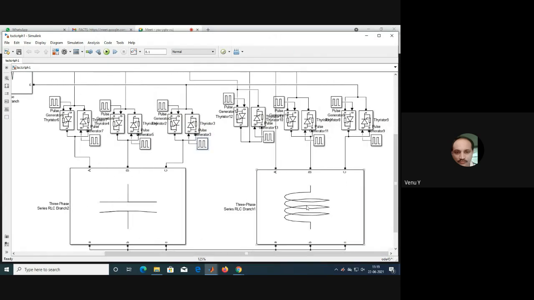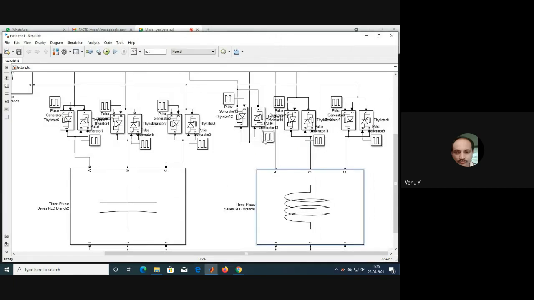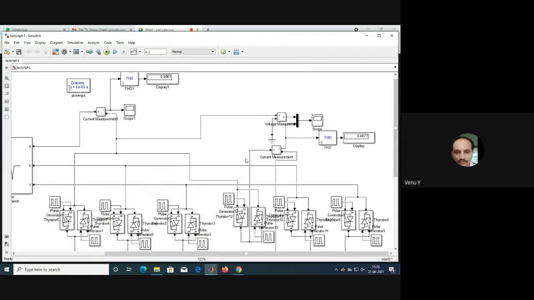Now this is the TCR, 3 into e power minus 3. So 3 phases, 3 legs. In one of the phases, an ammeter is connected for current measurement. This is ITCR.